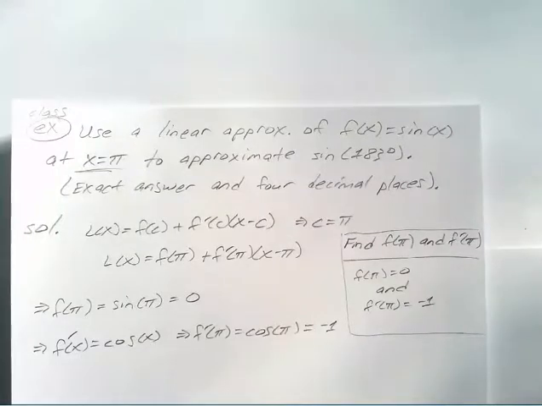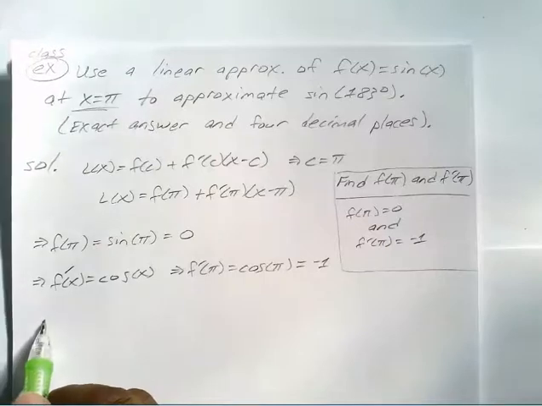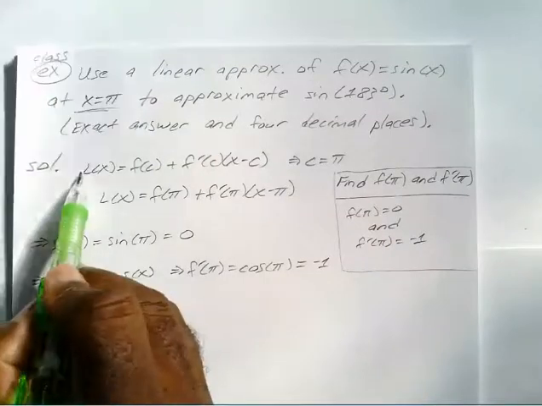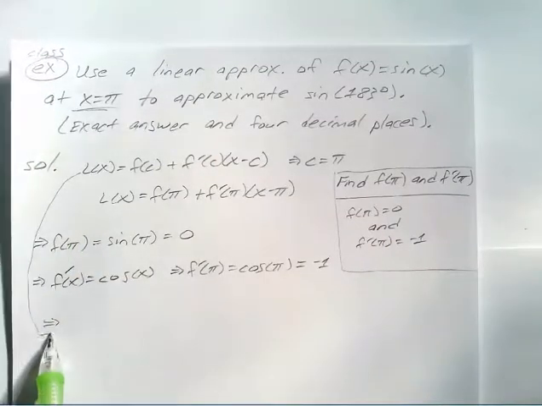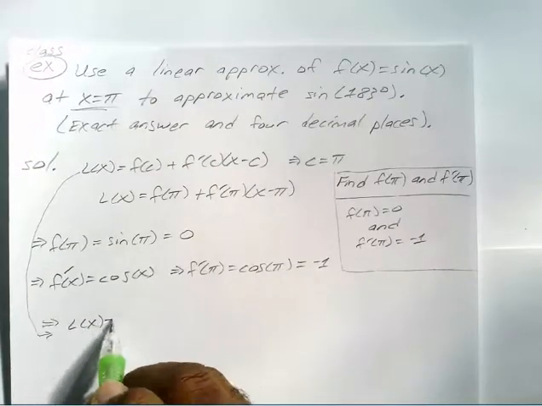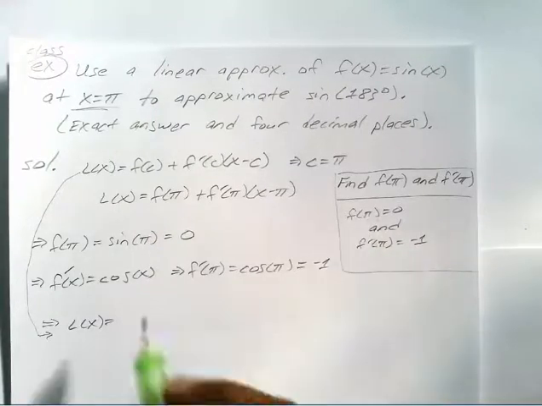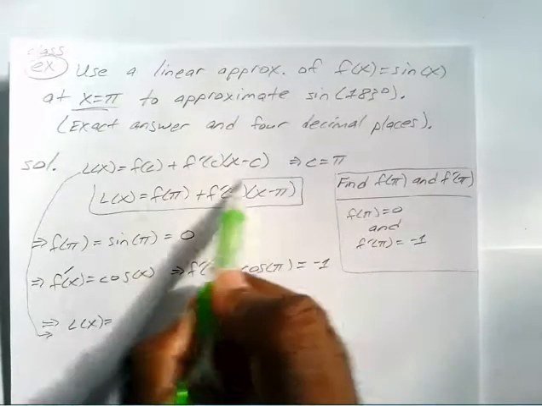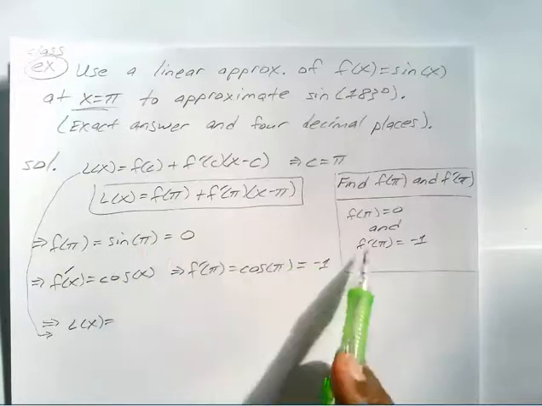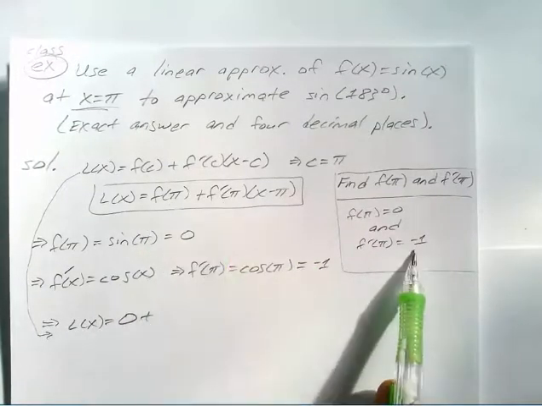All right, so we can go ahead and plug those right into our linear approximation formula. Linear approximation is going to equal f of c, which is f of pi, which is 0, plus f prime of pi, which is -1.